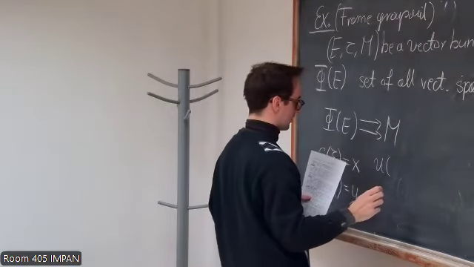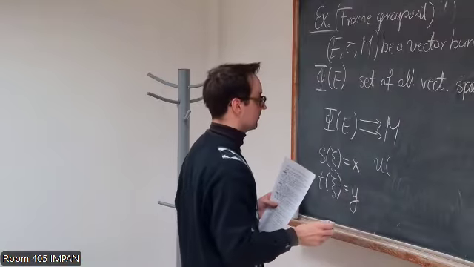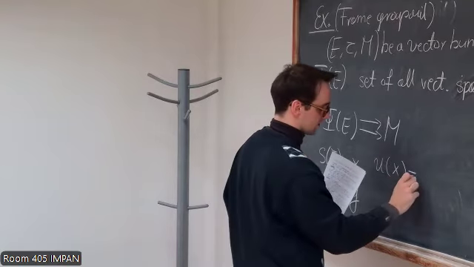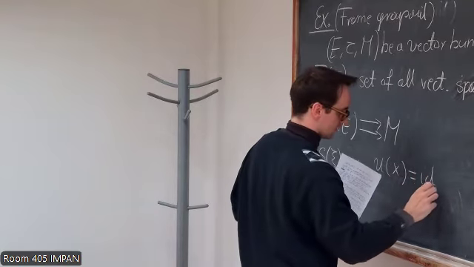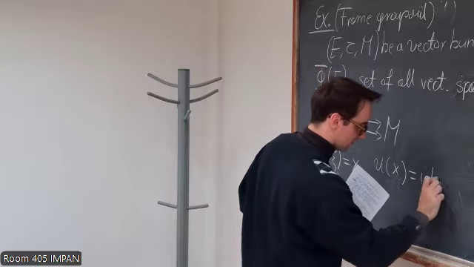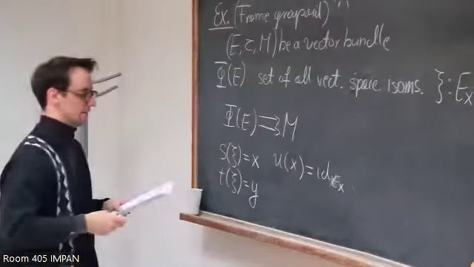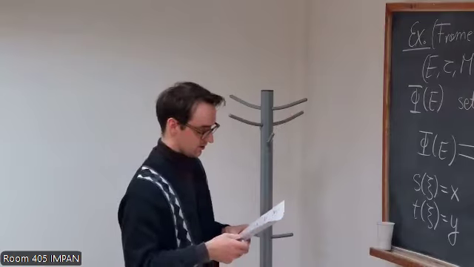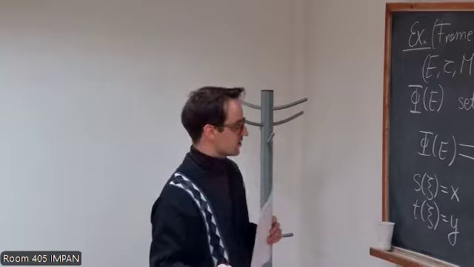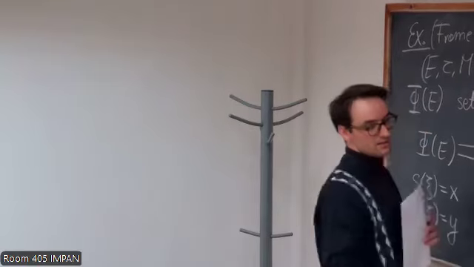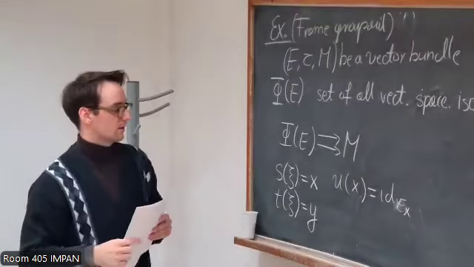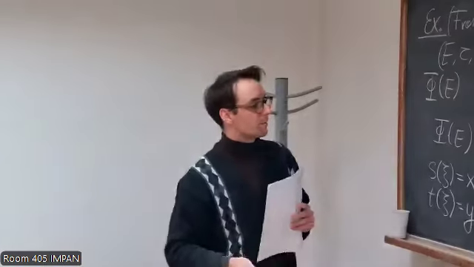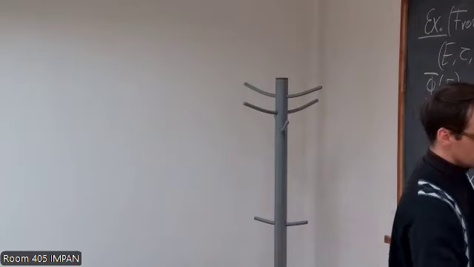The unit gives the identity on E_X, and the composition of maps. And the inverse, of course, since these are isomorphisms, the inverse is just the inverse map. So this is the frame groupoid.